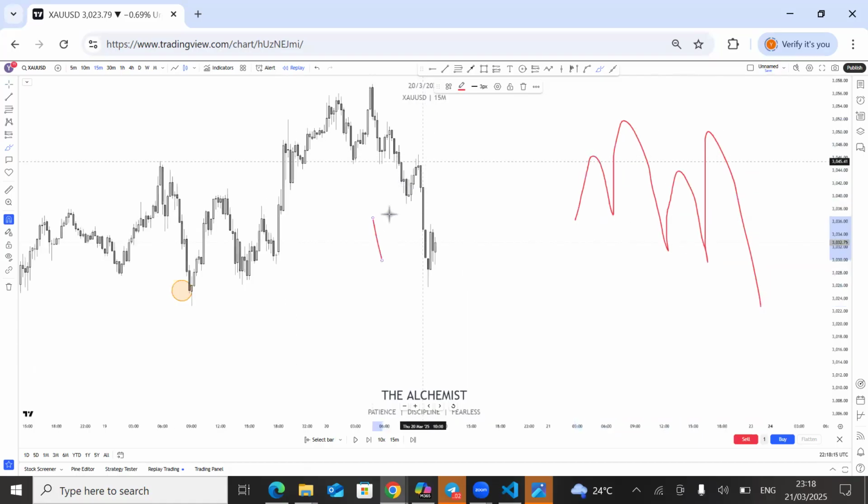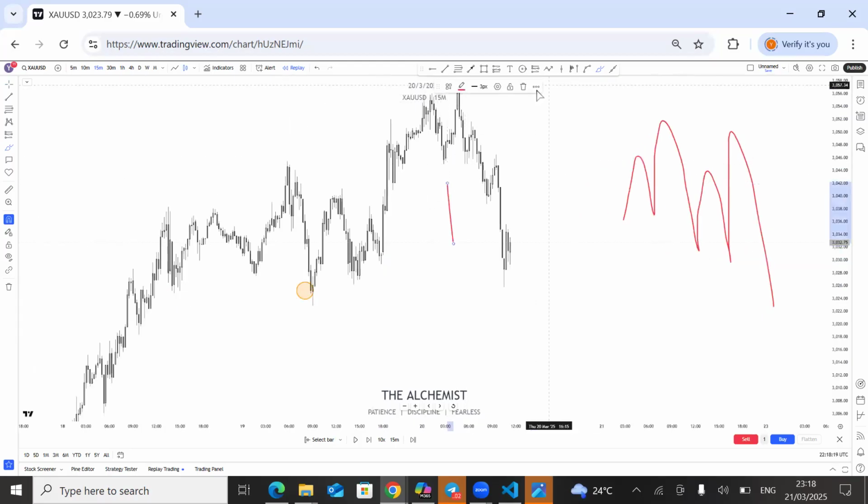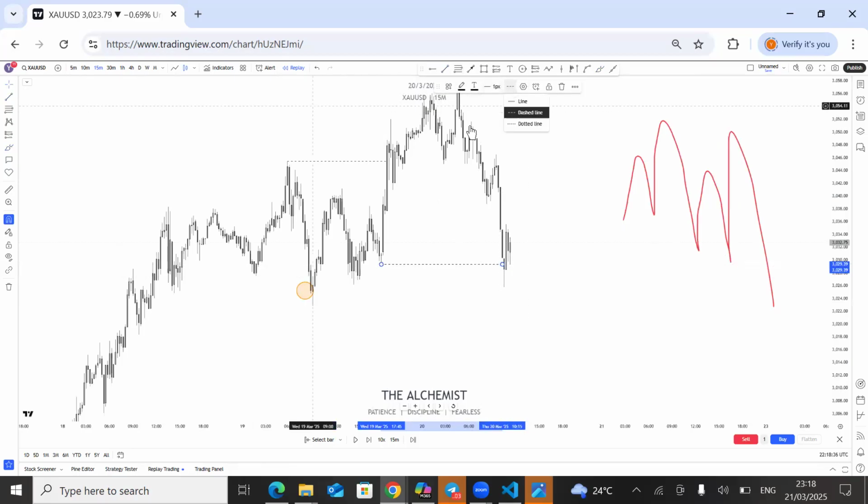So what happened here? We had a sweep, then we had a break of structure on our 15-minute time frame.